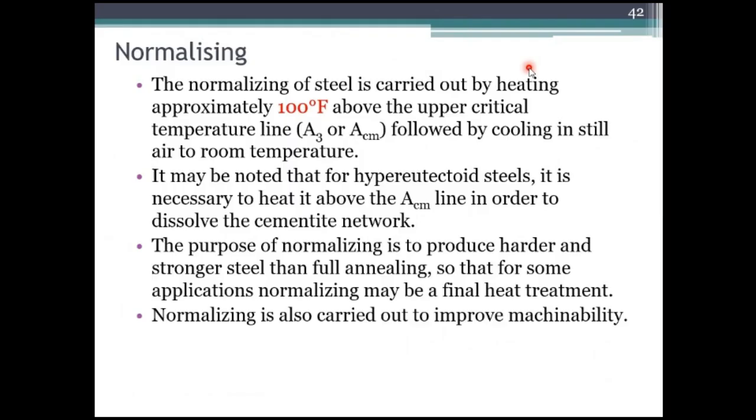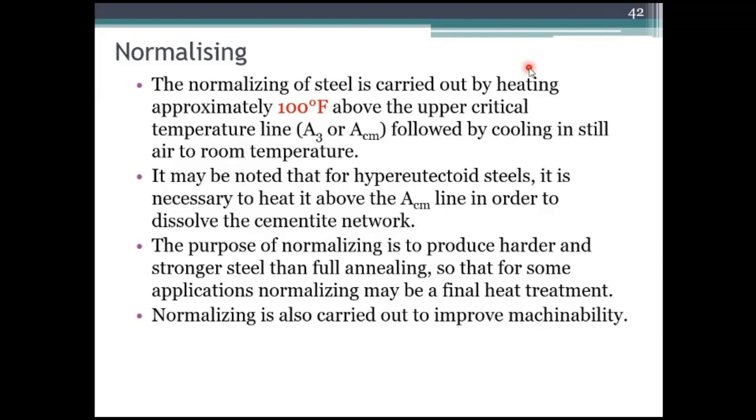It is noted that for hypereutectoid steels, the upper critical temperature line will have a dissolving cementite network.